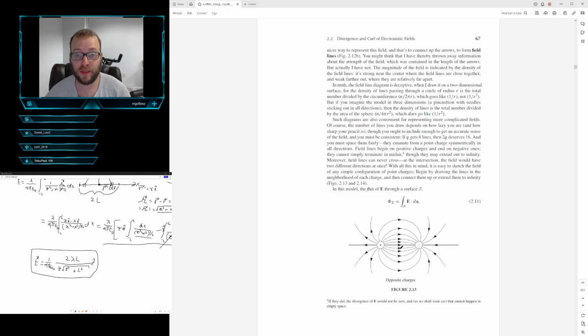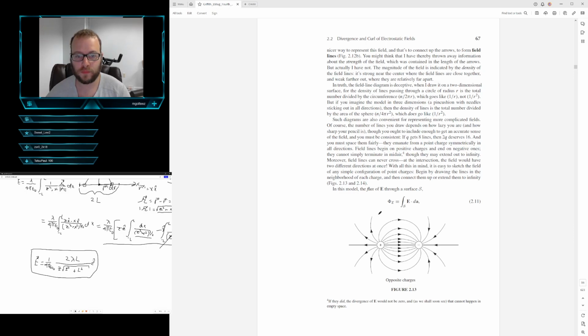So when they're denser, the more complicated the figure is, you can get a feel of how these charges move, or how these charges would move a test charge.